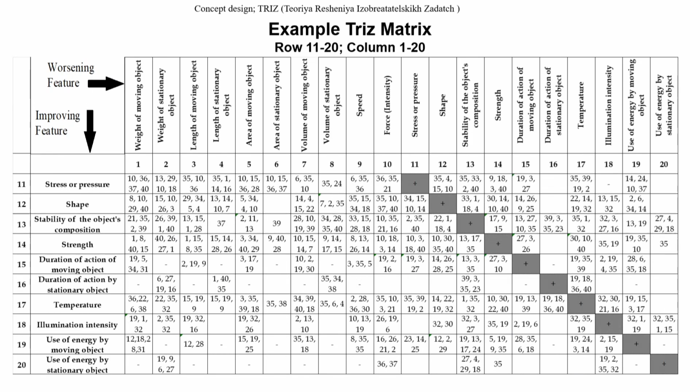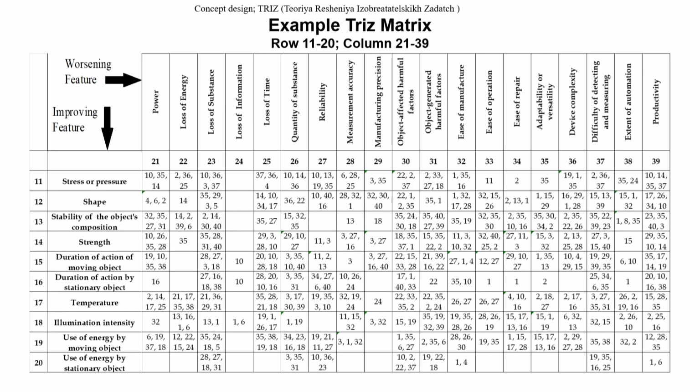Then I will go to features 11 to 20, and again on the right hand side up to 20, and then in the next slide I am giving you 21 to 39. So in 4 slides I have given you everything that has happened so far. Of course, this TRIZ matrix gets added to and revised every few years.